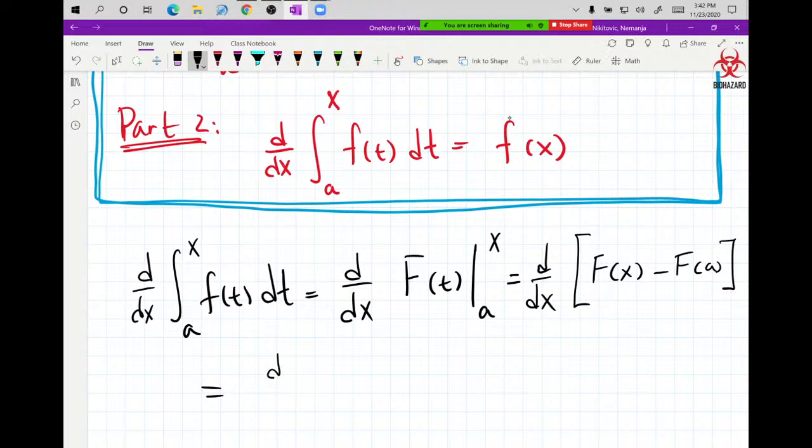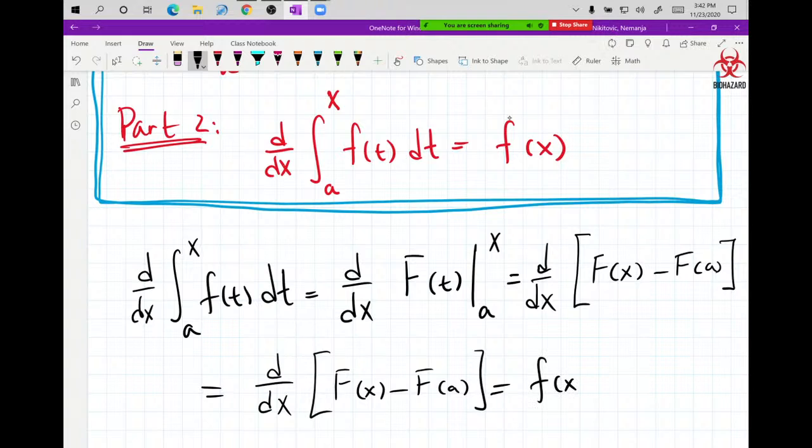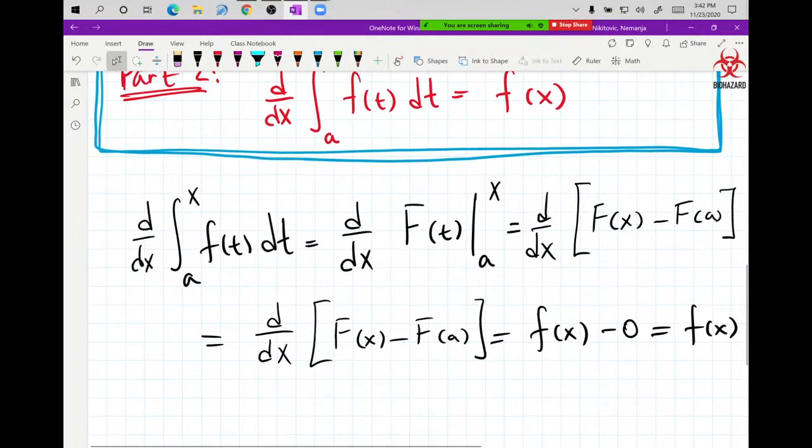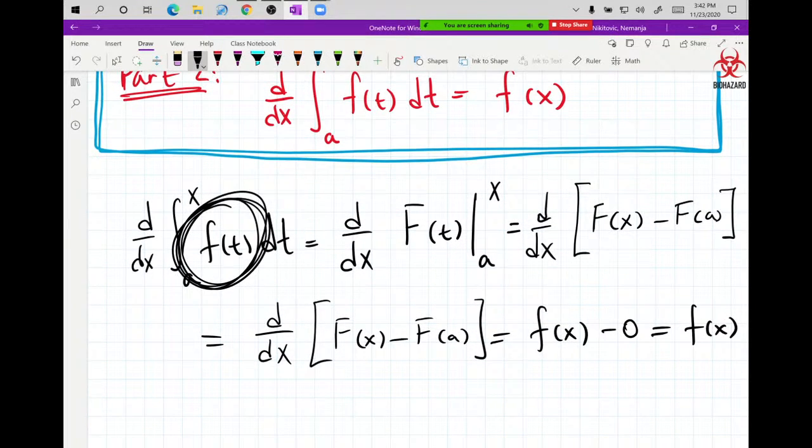You have the derivative of, I don't know why I'm writing it again, but whatever, you just get lowercase f of x minus 0, which is just f of x. So that means that whatever function you started off with in here, you end up with the same function at the end.